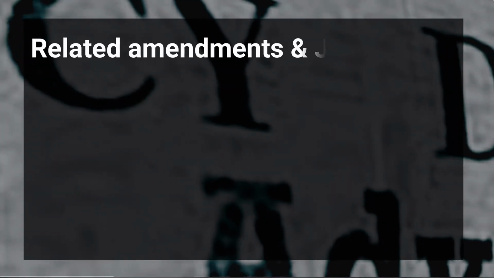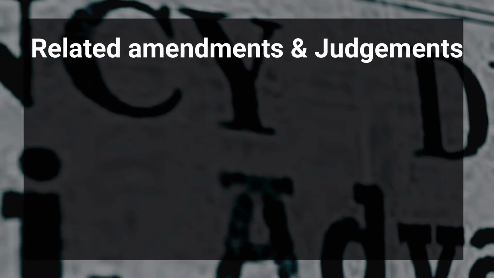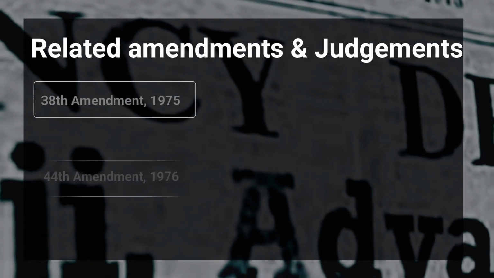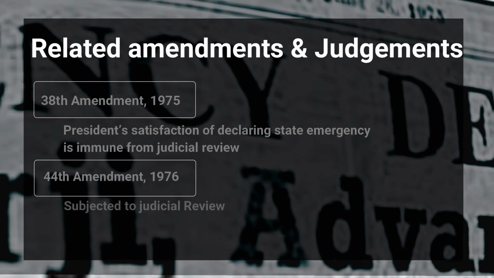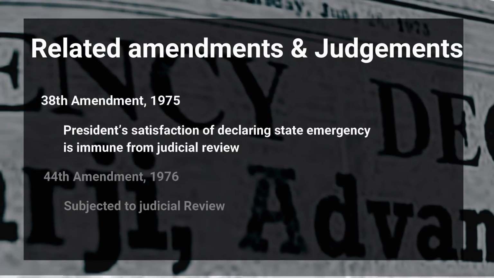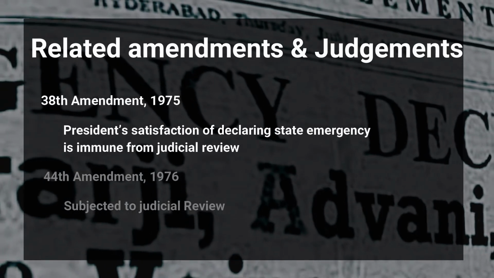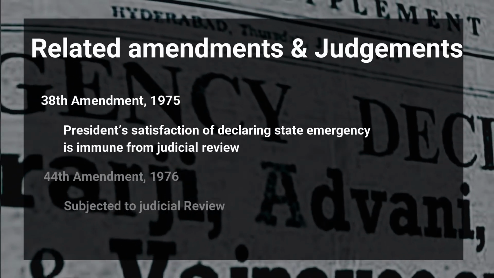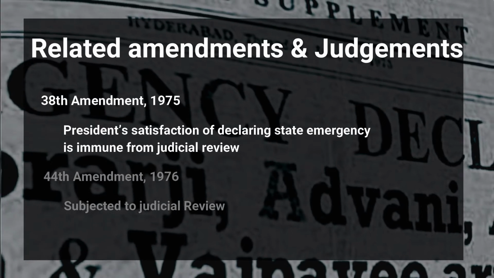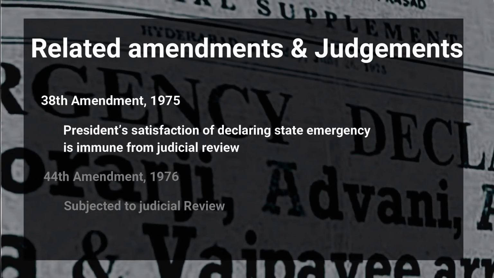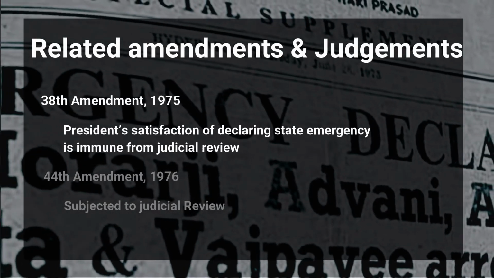There are two amendments related to President's Rule, the 38th and 44th. In the 38th Amendment of 1975, it is said that the satisfaction of the President to declare state emergency is final and immune from judicial review.